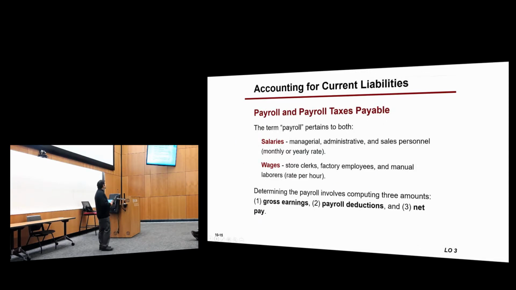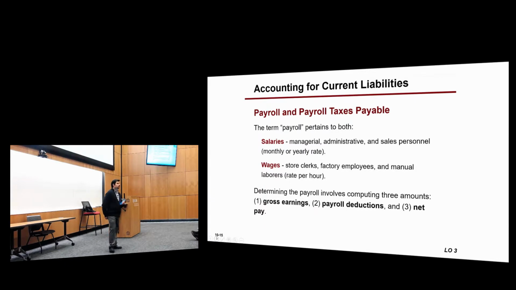So basically, this concludes notes payable and sales tax payable. Now we'll talk about payroll and payroll tax payable. I'm not going to go into detail about that. When we talk about payroll, we talk about salaries and wages. Basically, the main difference is the way they are paid.